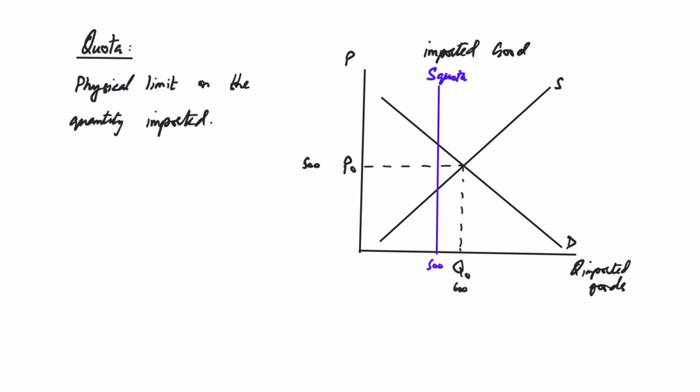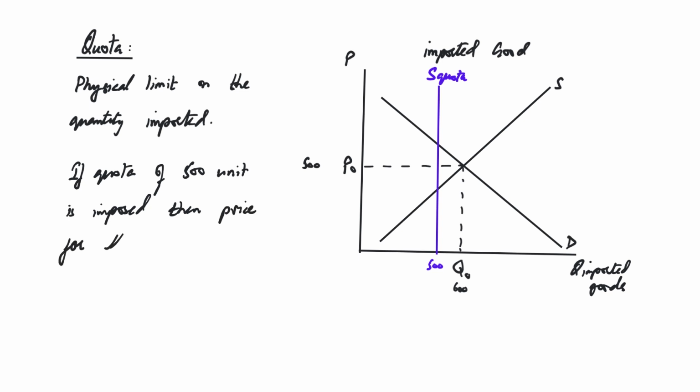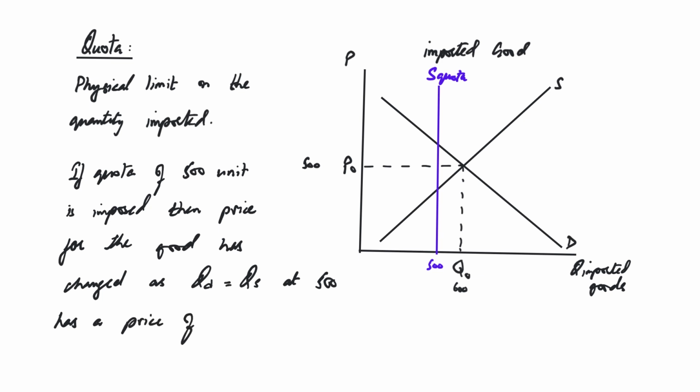So what's happening now as a result of this is that if quota of 500 units is imposed, then price for the good has changed, as quantity demanded is equals to quantity supplied at 500 has a price of, let me do the marking, about P1 की price आ जाती है.